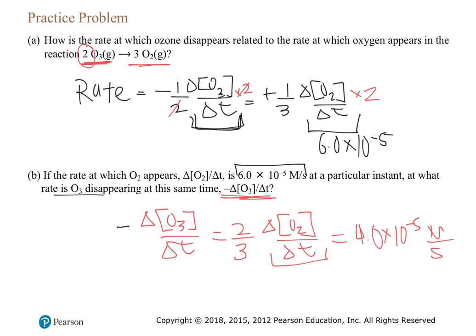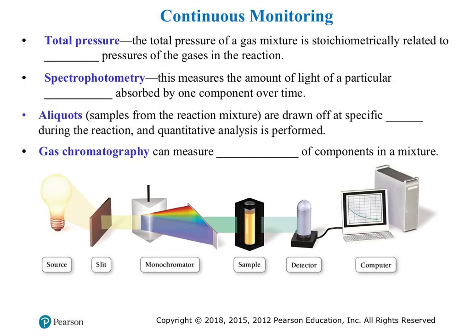How do we actually measure rates? There are a few different ways, and these aren't all of them, but one could be using the total pressure. So we can monitor the pressure and then use reaction information to calculate the partial pressure of each of the gases. We could use spectrophotometry, which is right here, where we're measuring the absorbance of light of any wavelength.